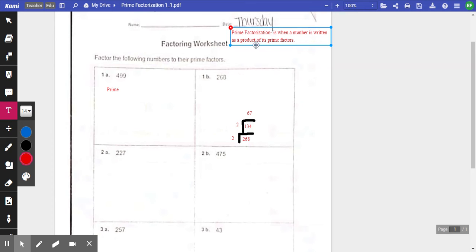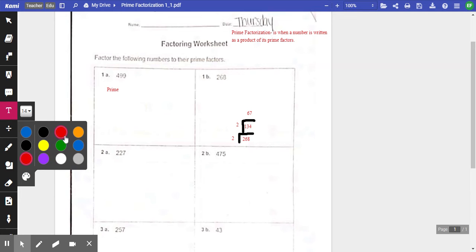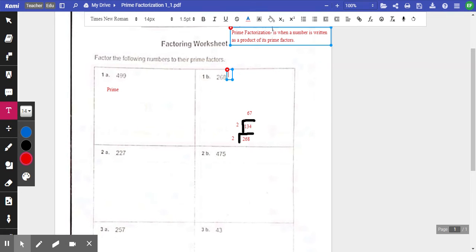We still need to write these prime numbers as a product. That means we're going to be writing them as a multiplication problem. So up here next to 268, I'm going to say it equals 2 times 2 times 67.